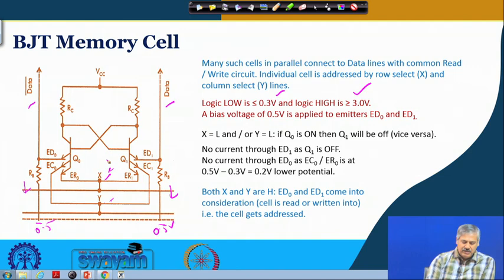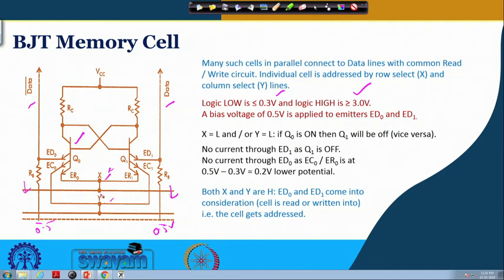Next is these two transistors: can both of them be on or both of them be off? If you investigate, you can see that both on or both off is not possible. If this is on, then what is the voltage over here? This is ground, so being on means it goes into saturation.